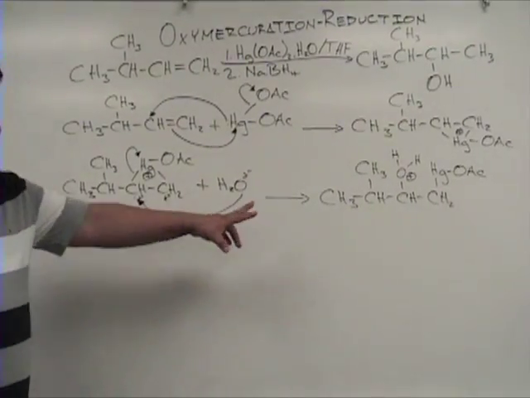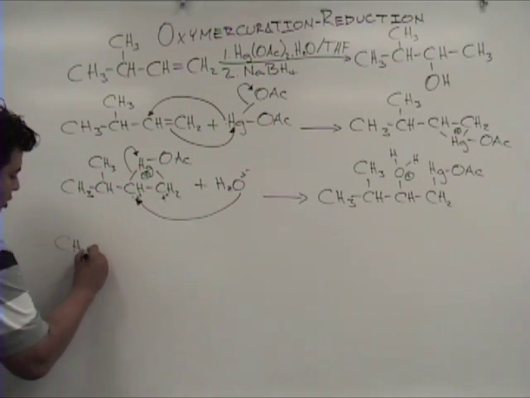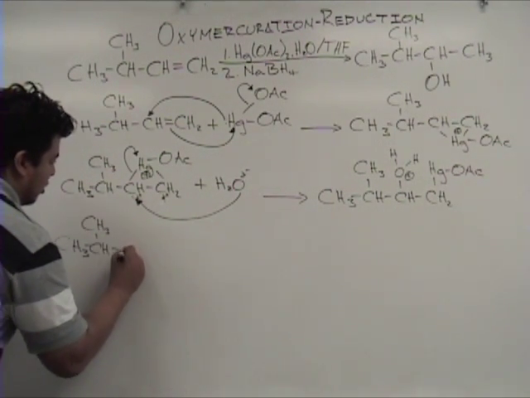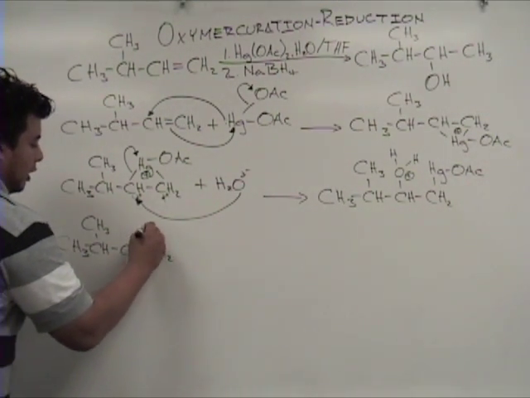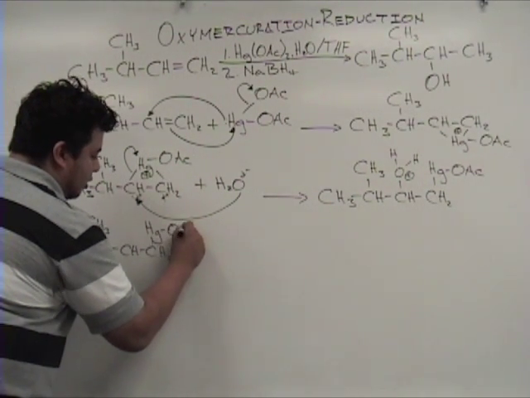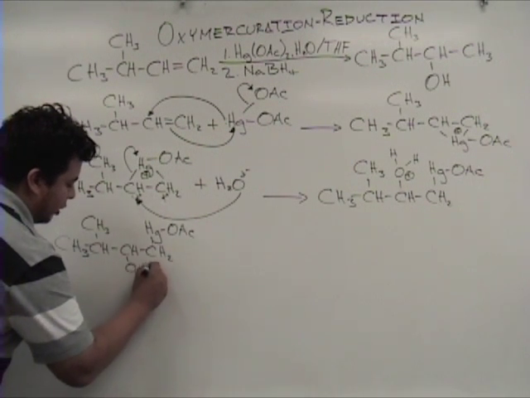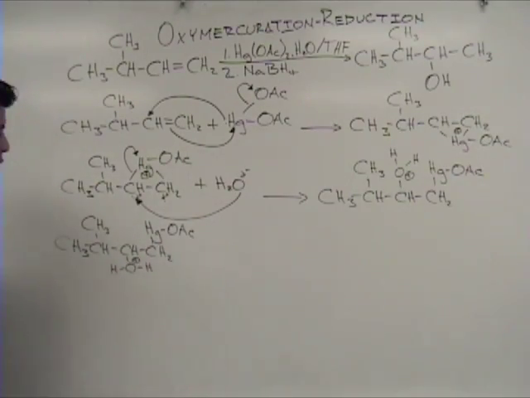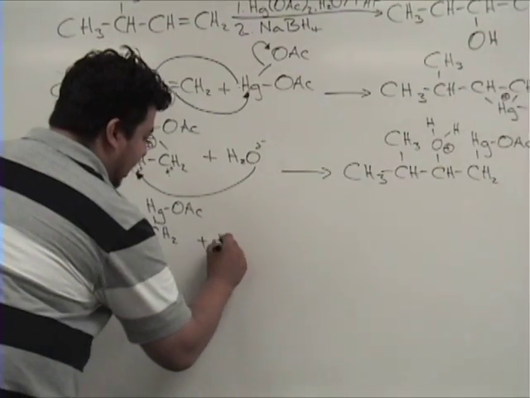So I'm going to copy whatever is on that side to this one. And we know that the Hg is here with OAc. And we know that this has a protonated hydroxyl group, formal charge plus. And then another water molecule is going to come and act as a base.